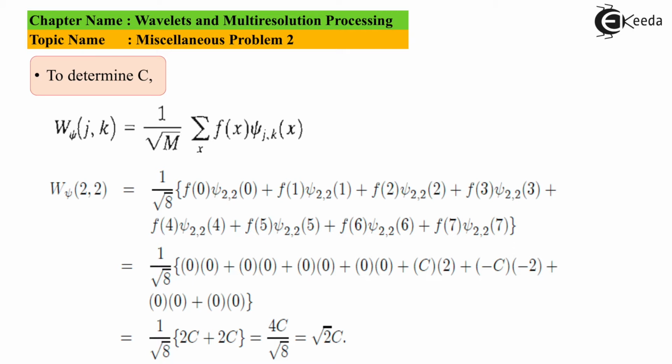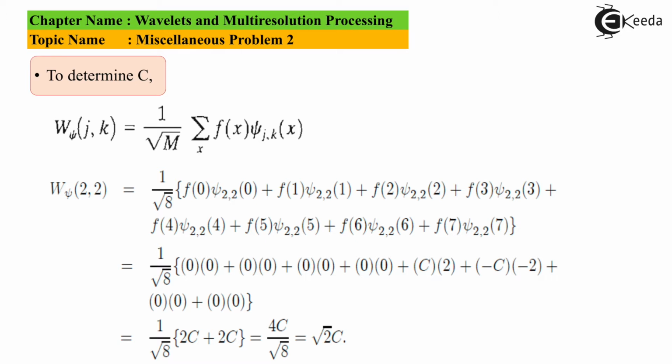The next value is the multiplication of f of 4 with psi suffix 2 comma 2 of 4. The next 3 terms are the multiplications of f of 5 with psi suffix 2 comma 2 for 5, f of 6 with psi suffix 2 comma 2 for 6, and lastly f of 7 with psi suffix 2 comma 2 for 7.